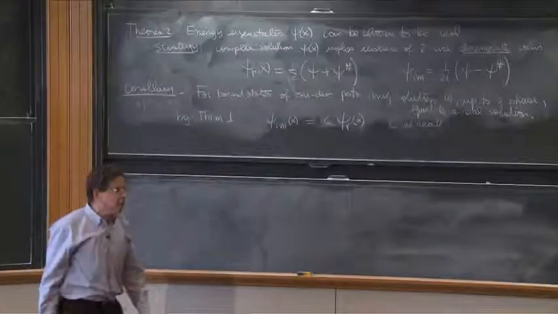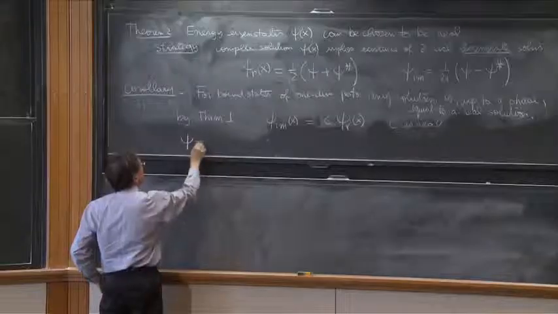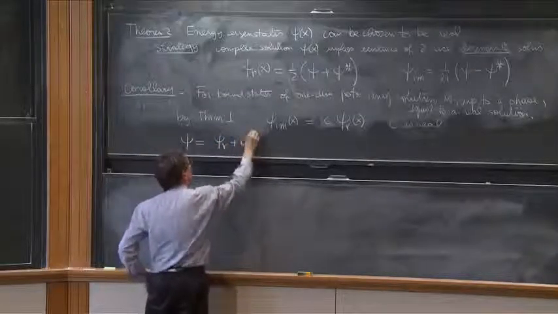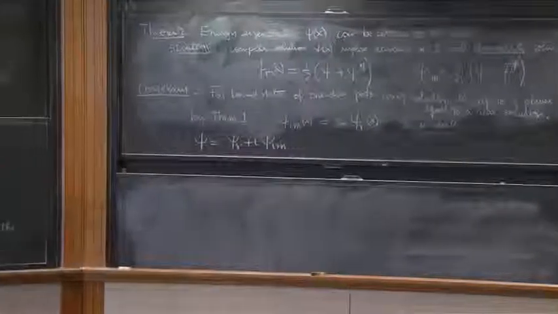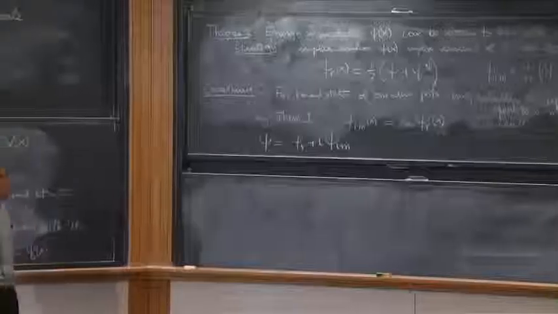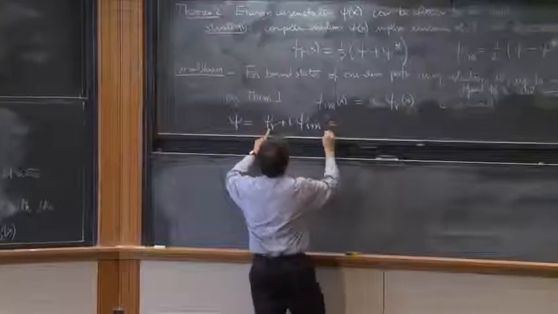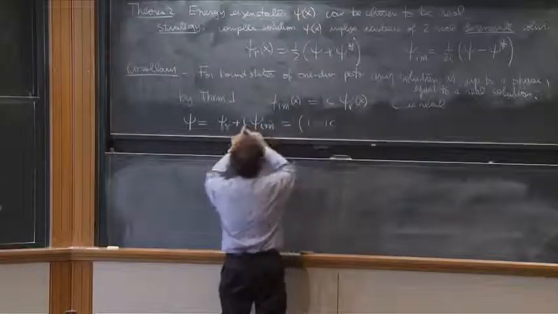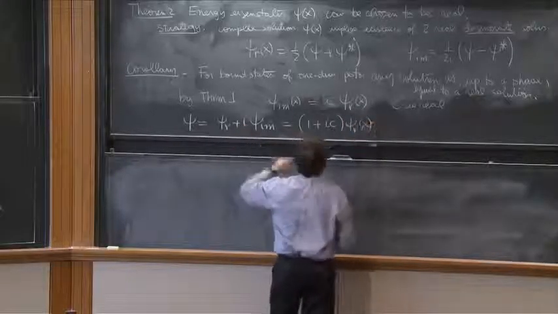Therefore, even if you form the original complex solution, psi, which is psi real plus i psi imaginary, you can check that. It's clear by definition that that's the way it should be. If you take this, this is equal to 1 plus i times c times psi real of x.